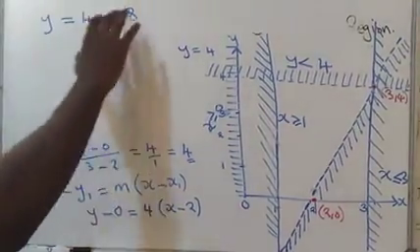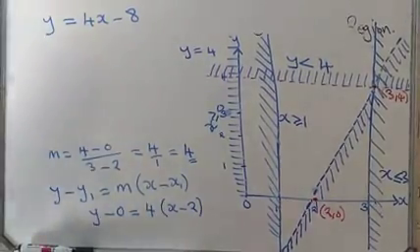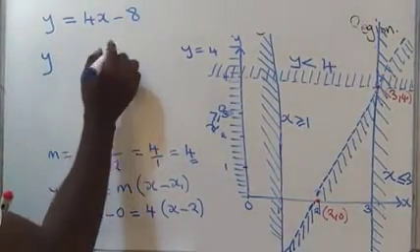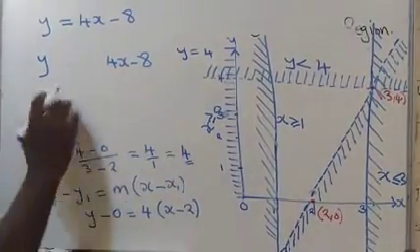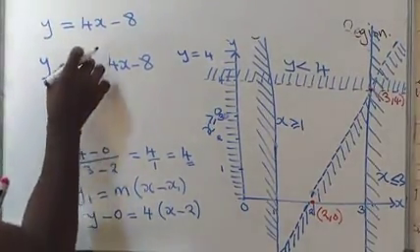So we have to change this now into the inequality. Okay. How can we change it into the inequality? So let's say y, we leave space here, 4x minus 8. The way it is, I've left space here so that I come up with the inequality sign that we're going to put here.